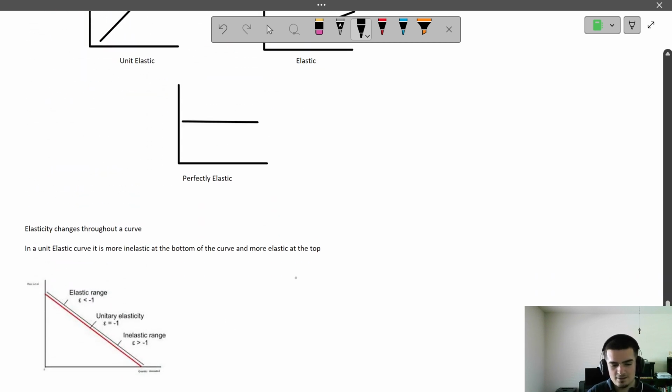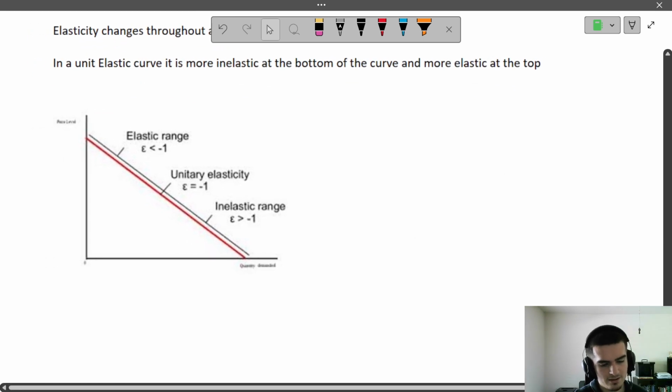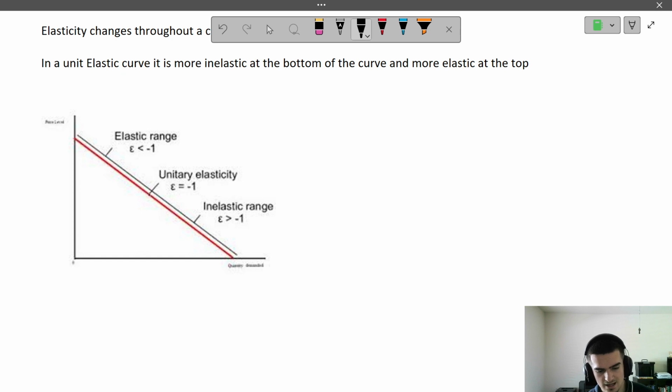Another thing, the last thing about elasticity, or price elasticity at least, is that it changes along a curve, right? That may seem weird, but if we look right here on a unitary elastic line, we see that right here in the middle, there's a 1-to-1 relationship, right?